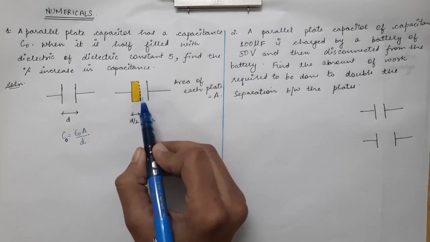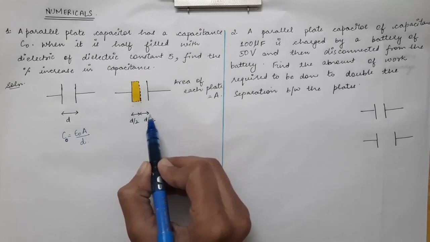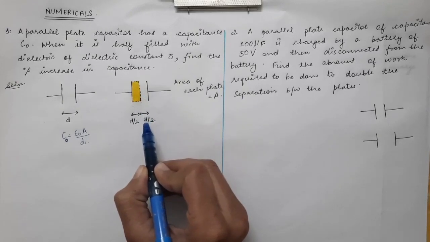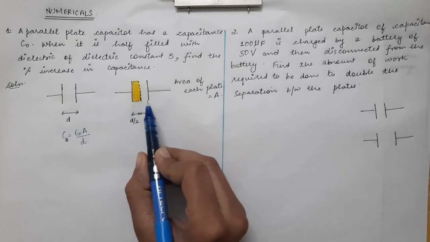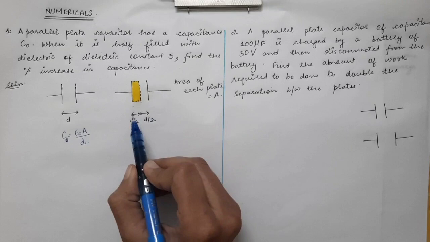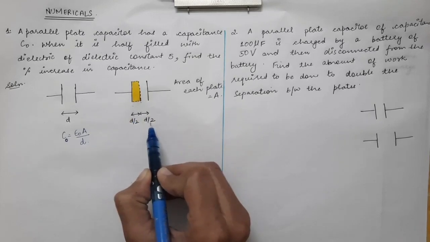It has vacuum in the space, and the distance between the plates is d by 2. So this whole capacitor can be assumed to be made up of two capacitors, each with a distance between the plates equal to d by 2.